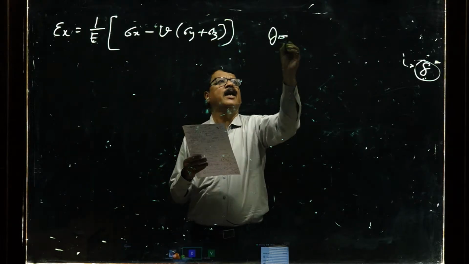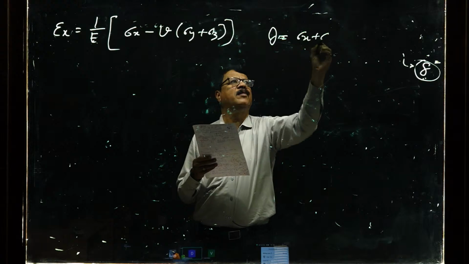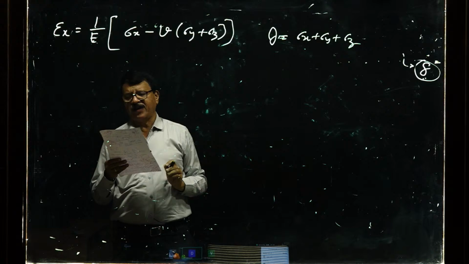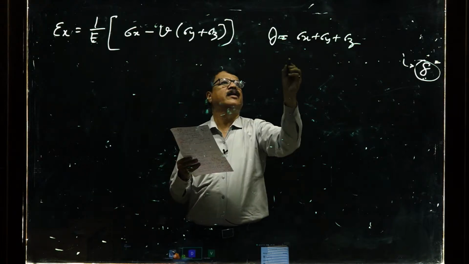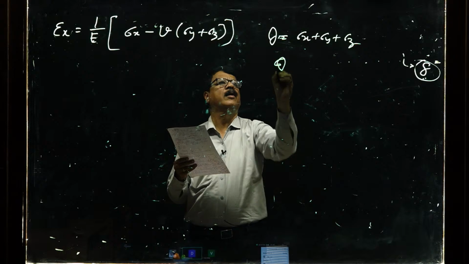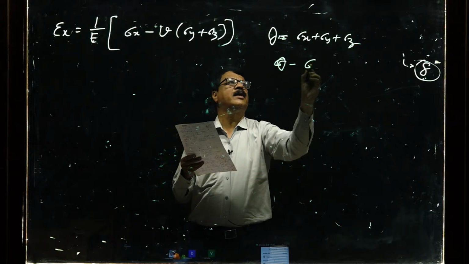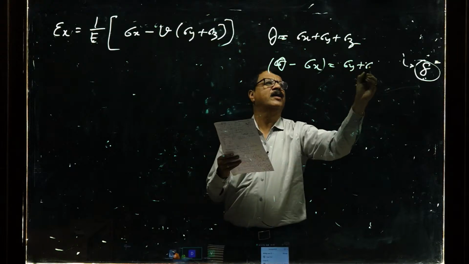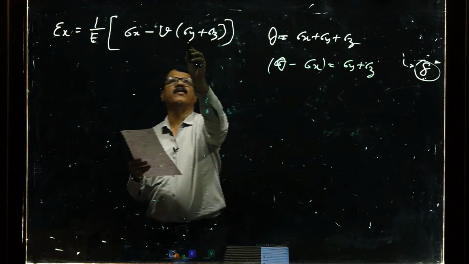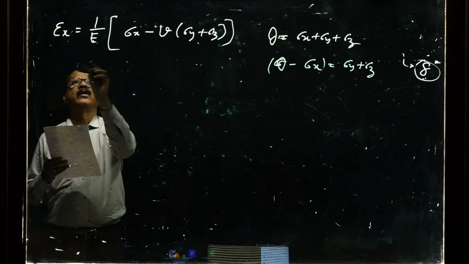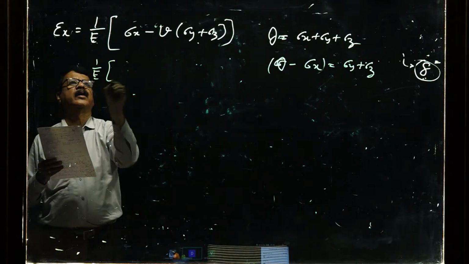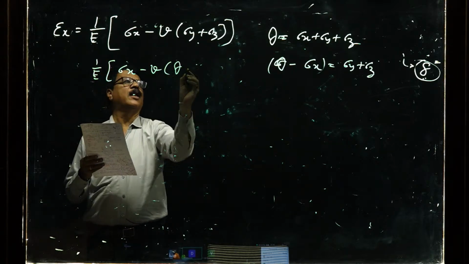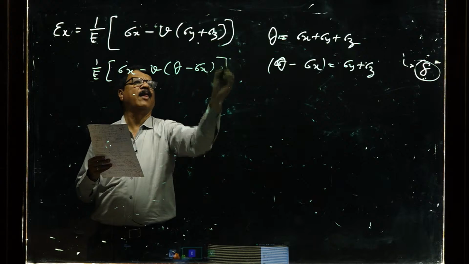Now we know theta is equal to sigma x plus sigma y plus sigma z. So put the value of sigma y plus sigma z. Theta minus sigma x is equal to sigma y plus sigma z. So you put the value of sigma y plus sigma z from here. So you will get sigma x minus Poisson's ratio into theta minus sigma x.